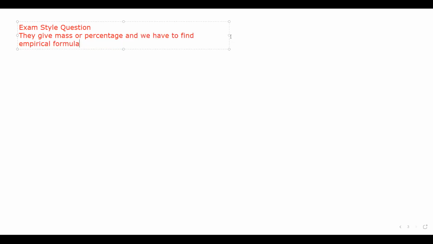Normally in an exam, instead of giving the structure, they give the mass or percentage, and they ask us to find the empirical formula.